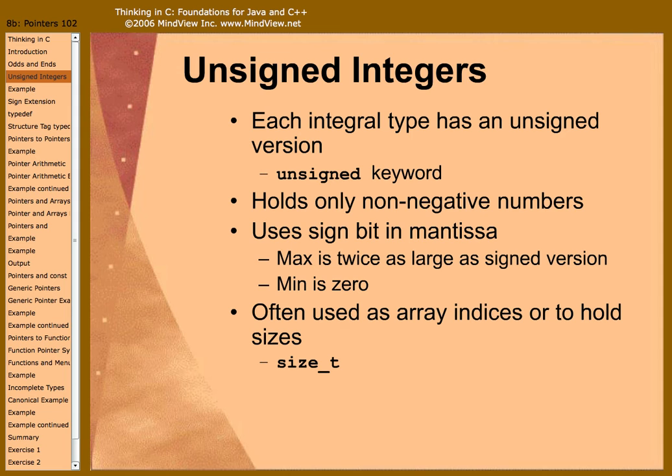You saw earlier in a previous chapter the term size_t. Well, size_t is defined to be an unsigned integer type, usually unsigned int. And we're going to learn in a minute how we can actually define a new type name like this. But size_t is that thing that is used to hold things like array indices or anything that's a size type of thing.